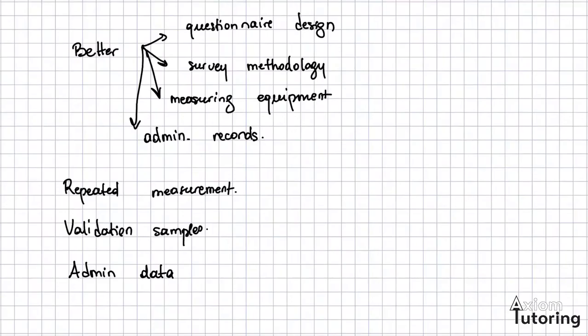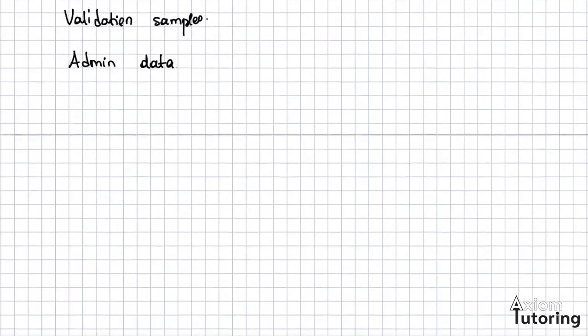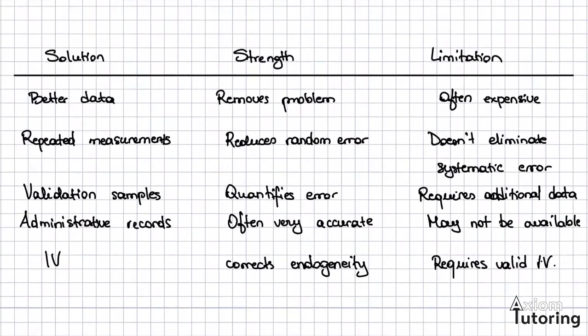Ultimately, the idea is that unfortunately there's no perfect solution. There is a trade-off, so there are strengths and limitations to all of these solutions that we are talking about here. This table offers a little bit of a summary. So with better data, you're definitely removing the problem, but it's often expensive. With repeated measurements, you're reducing the random error, but you don't eliminate systematic error.